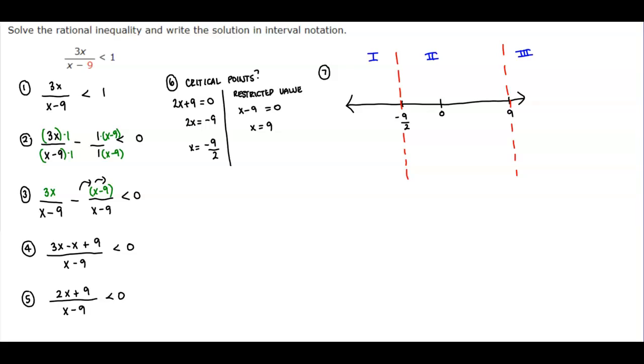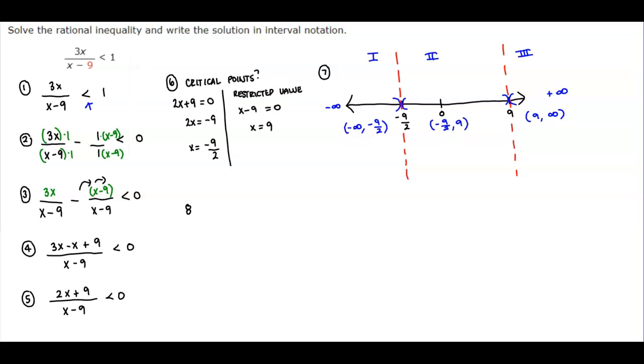We start at negative infinity and go to negative 9 halves. If you look at the inequality, it doesn't have a less than or equal to, so we're going to use a parenthesis at all the points. The first interval goes from negative infinity to negative 9 halves. Our second region is between negative 9 halves and positive 9. And our third region goes from 9 to positive infinity.